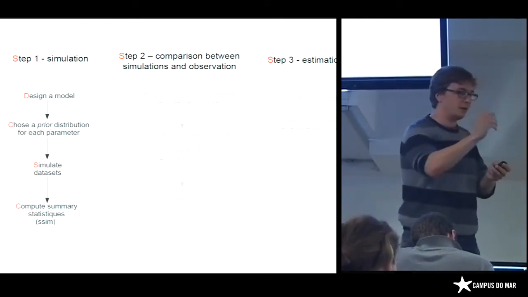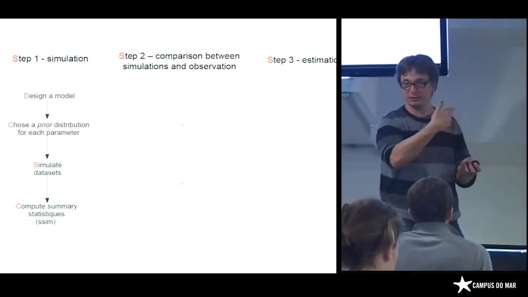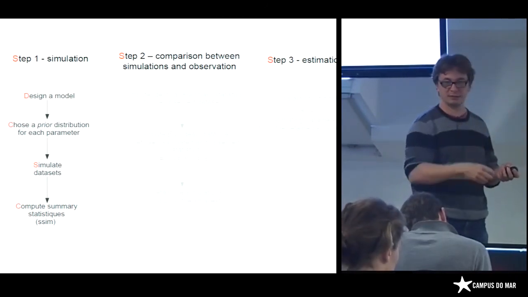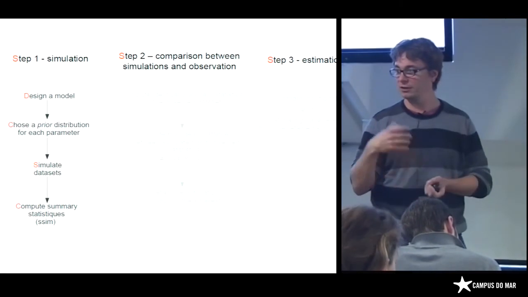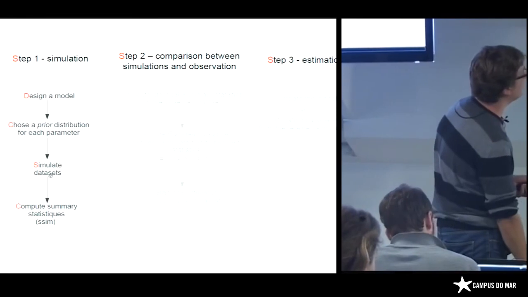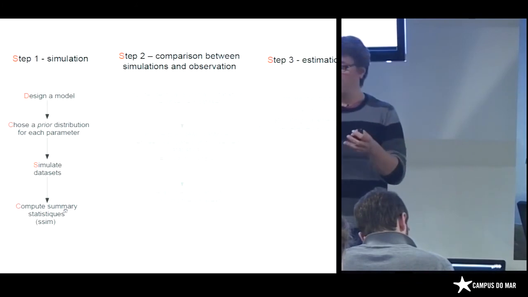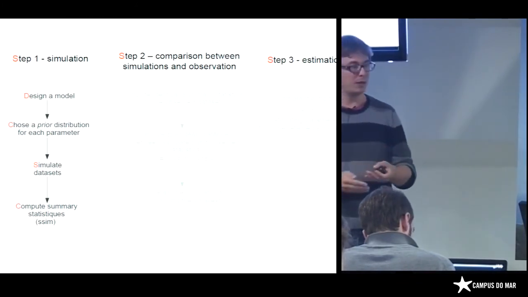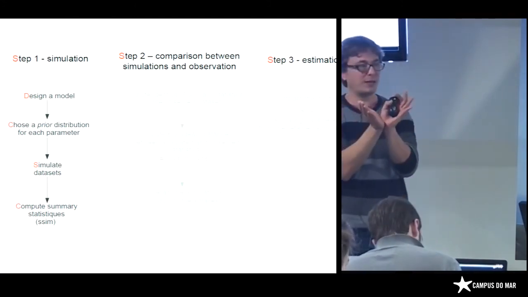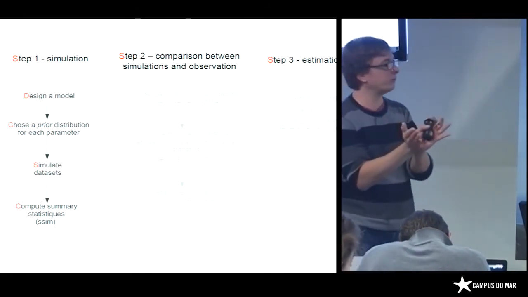So you take the parameters at random following the prior distribution, and you simulate data sets with a simulator, a simulating software. And from the simulations, you compute the summary statistics that describe the data set. So it can be the JSFS, the matrix of allele frequency in the 2 populations.